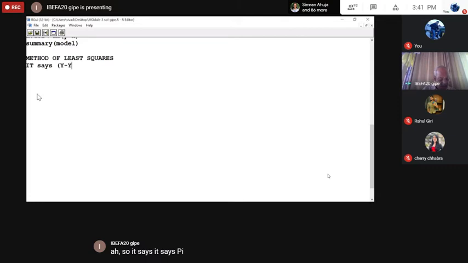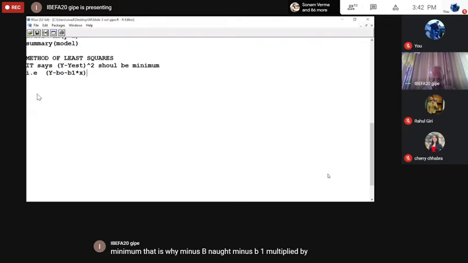So it says the sum of (y minus y estimated) raised to 2 should be minimum. That is, y minus b naught minus b1 multiplied by x, raised to 2, is minimum.